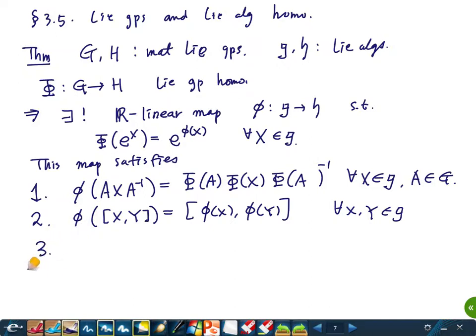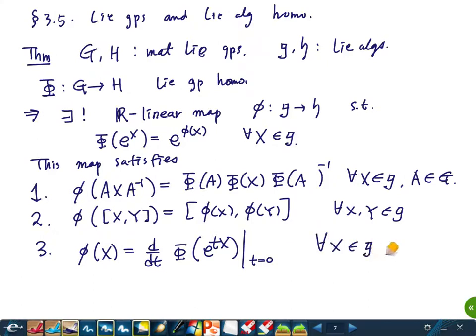And third, this one is useful: φ(X) can be computed as d/dt of Φ(e^(tX)) at t equal to 0, for all X in 𝔤. So by point 2, we know that every matrix Lie group homomorphism induces a unique Lie algebra homomorphism.